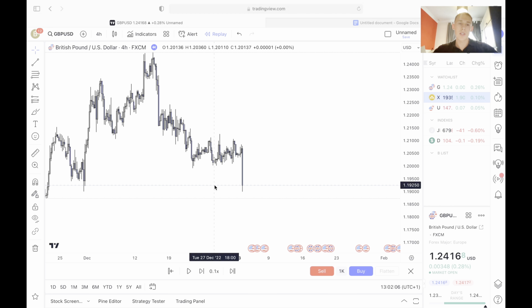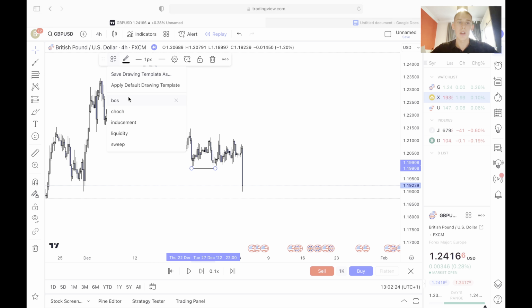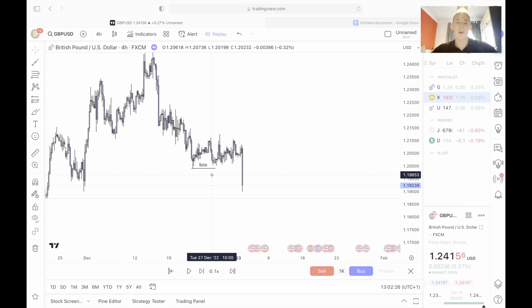We can also look to see if demand or supply is in control by looking at whether demand areas or supply areas are being respected. In this case, we have a lower high followed by a lower low, confirmed by this break of structure just here. What I like to do for this strategy as well is draw on where you see the most recent breaks of structure.